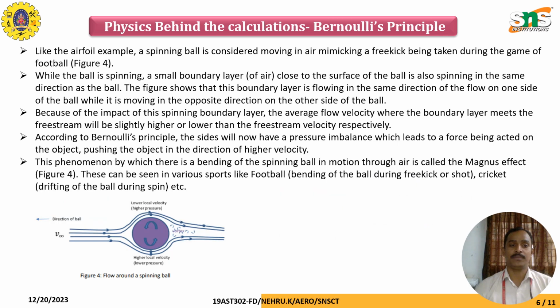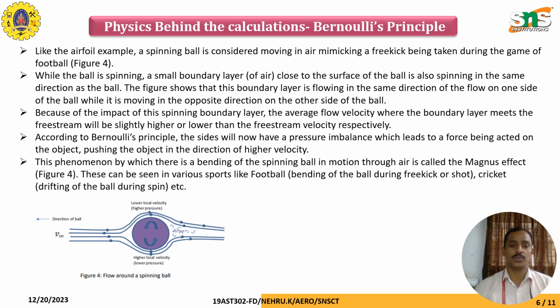By the same logic, like the aerofoil example, a spinning ball is considered moving in air, mimicking a free kick being taken during a game of football. So let us take the free kick moment while the ball is spinning, with the small boundary layer over the surface of the football moving in the direction the football is spinning.